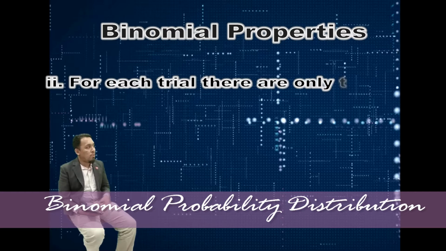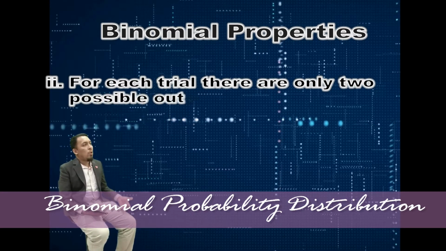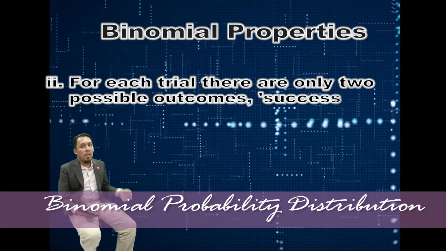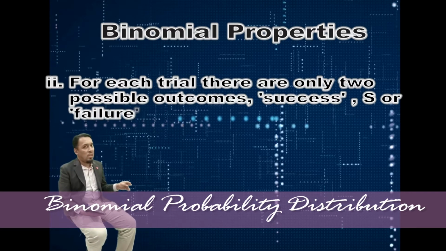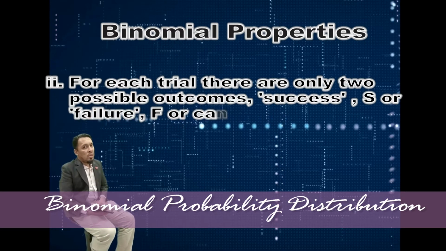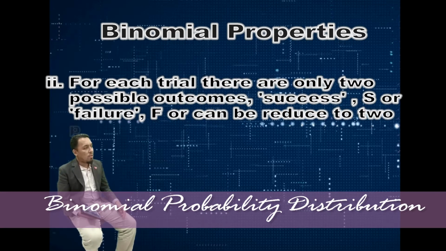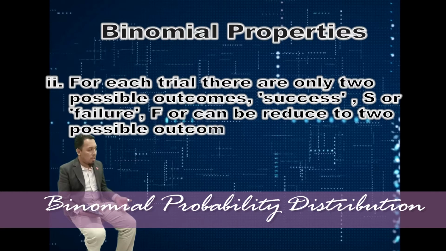Please note that we have terms for those two outcomes. We have success, denoted as S, and we have failure, denoted as F. So this success and failure represent the two outcomes in a binomial.